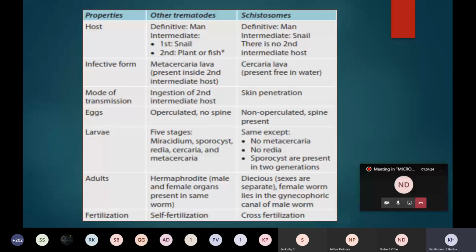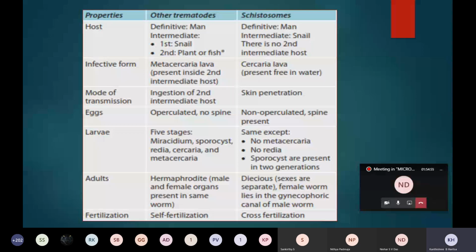So this is a table showing differences between schistosomes and other trematodes. The definitive host in other trematodes is man, the first intermediate host is snail, the second is plant or fish.